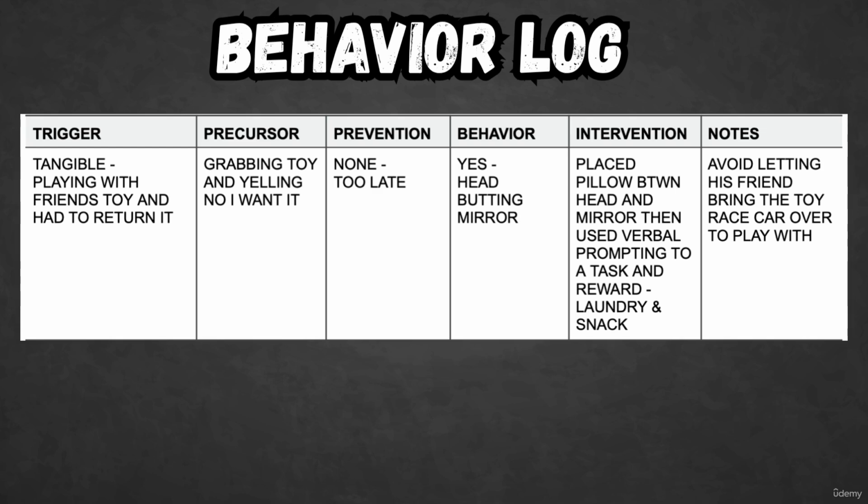The intervention is placing a pillow between the head and the mirror, then using verbal redirecting again. So the safety aspect is to put the pillow by the head. Again, you don't want to try to grab the individual. We want to try to use other techniques besides physical grabbing. And to put in the notes, avoid letting his friend bring the toy over. Sometimes it's a specific toy.